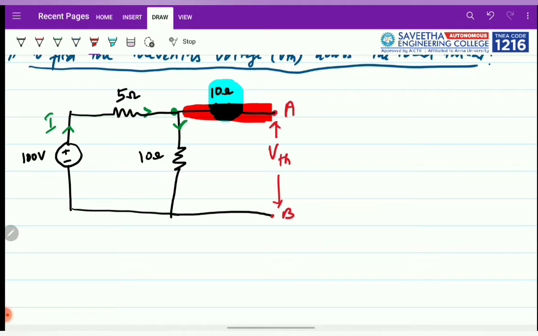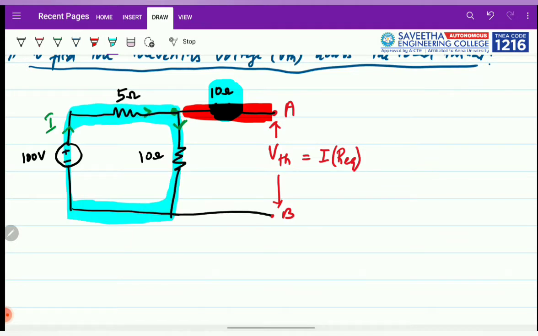So in order to find the voltage, we know that by Ohm's law, voltage is current into the total or equivalent resistance. Here the current coming out of this source will go through the 5 ohm resistance and then flow along the 10 ohm resistance, and this is the only closed path available for the current to move.